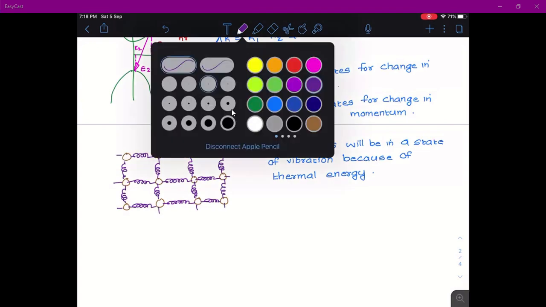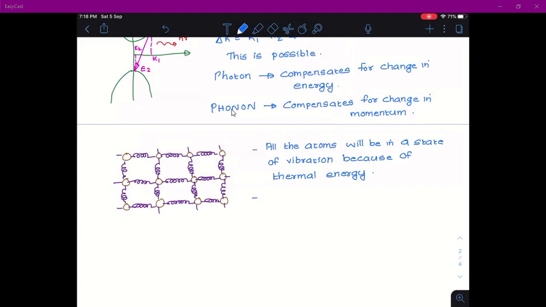And apart from that, the vibrations are quantized, meaning the energy for these vibrations is quantized. All the different atoms have discrete values of energy for vibration.